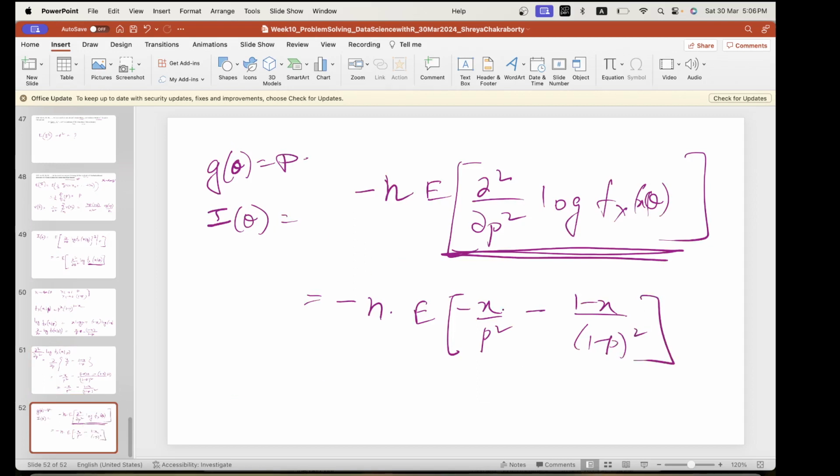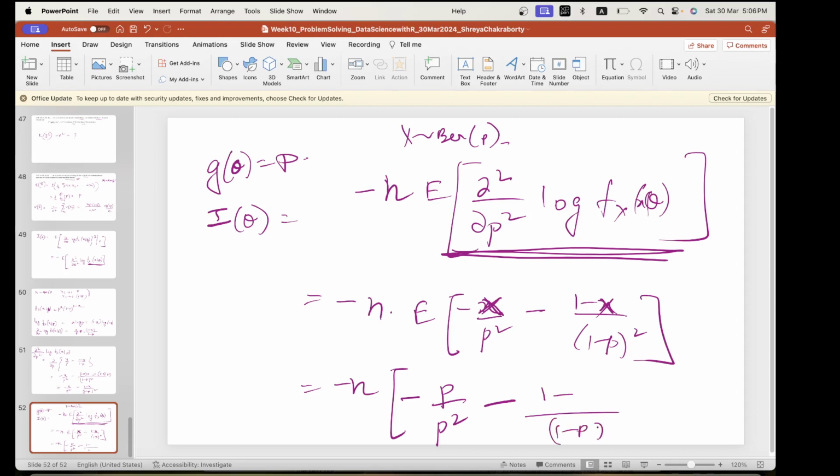Sorry, x capital here. So we'll write it as minus n into expectation of, this will be minus of p by p square, since X follows Bernoulli p. And minus of (1 minus p) whole square, this will be 1 minus expectation of X, which is again p.